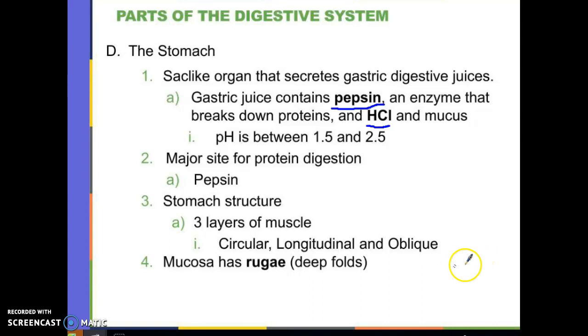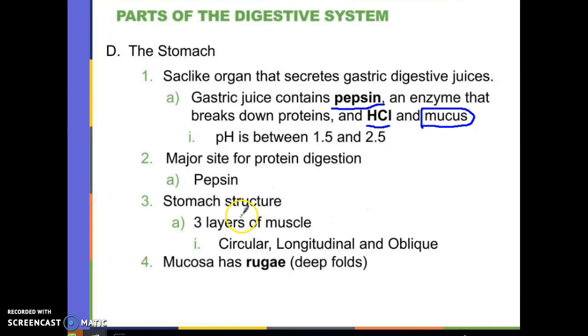The pH is very low, between 1.5 and 2.5. That's very, very acidic. The only reason our stomach doesn't break itself down is because there's a lot of mucus lining the stomach that prevents that from happening. So this is a major site for protein digestion, especially.